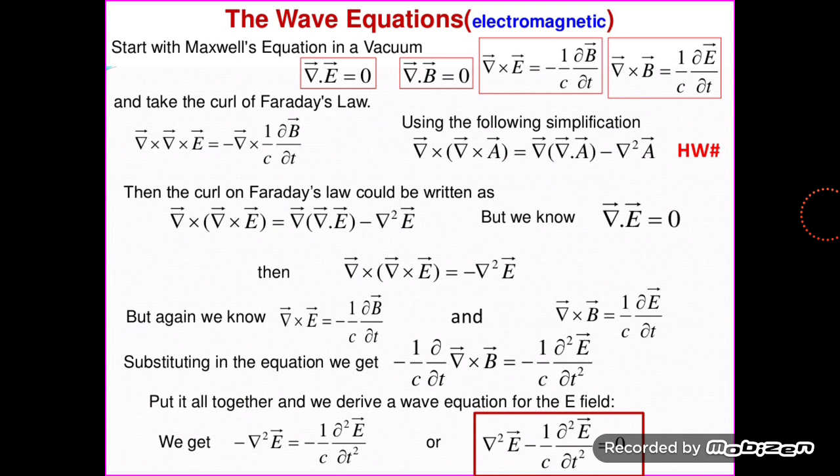By taking the curl of the third equation on both sides, we have curl of curl of E is equal to minus curl of 1 by C del by del T of B. As we know the following simplification, curl of curl of any vector A is equal to gradient of divergence of A minus del square of A.